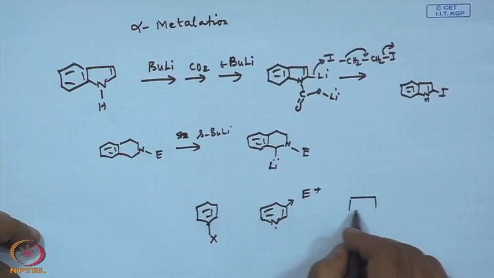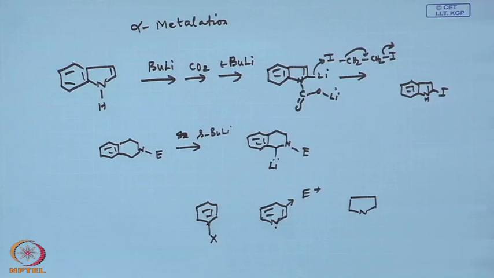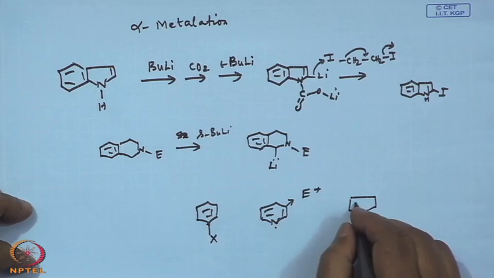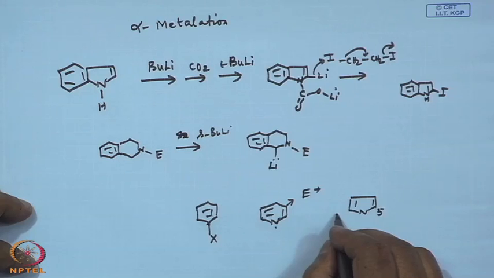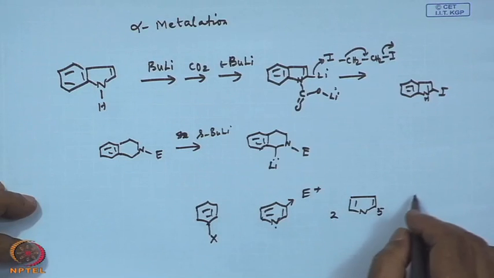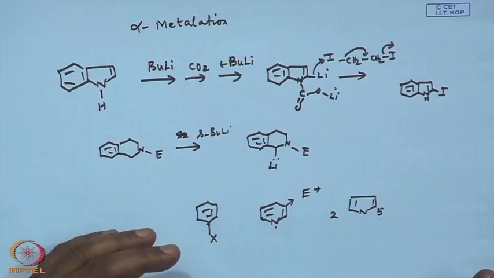And if you have a 5 member ring, the 2 or 5 position is the most preferred one, and in case of pyrrole it is the 3 position. So, these are the things you have to remember.